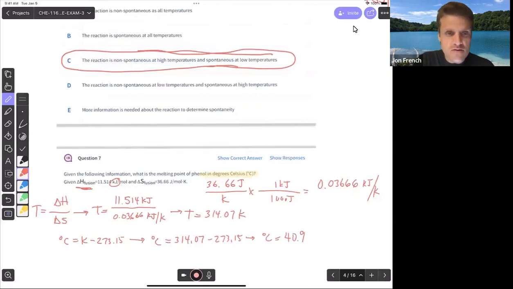Yeah, if you want to use 273, that's fine with me. The conversion is 273.15, but most of the time when we do the calculation, we just use 273 because that's pretty close.